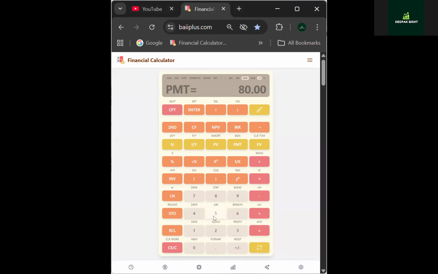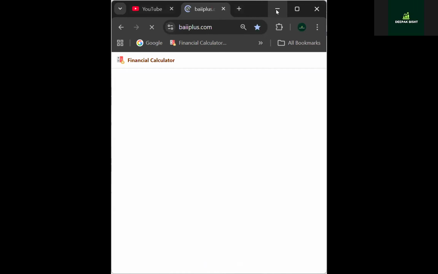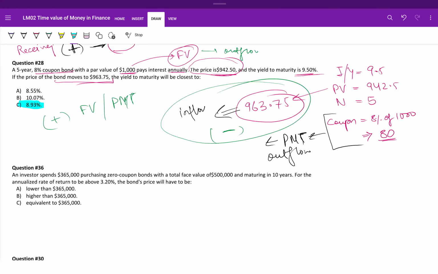If I had plugged in 942.5 as a negative present value, and N is 5, compute I/Y, this is going to be 9.5, and this gives us an incorrect value. Since that is not among the options, if we had used 942.5, we would have chosen the wrong answer here.